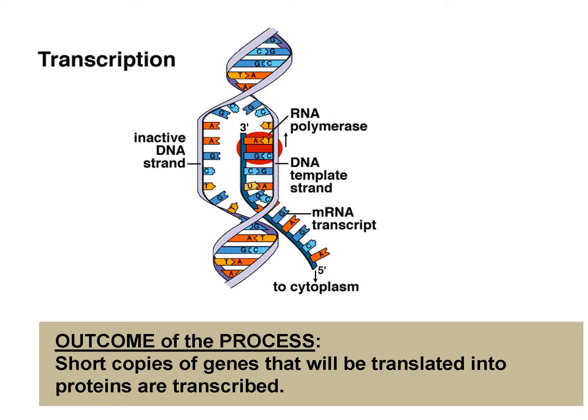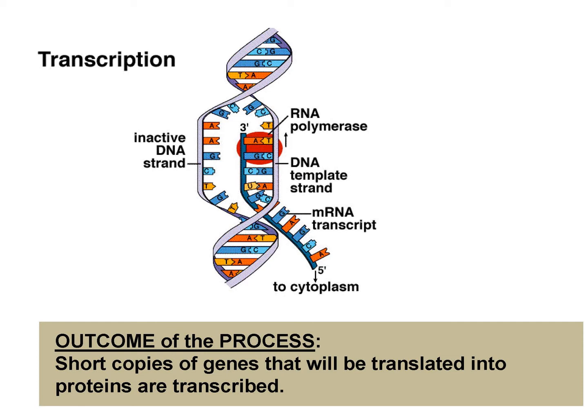This mRNA transcript, in bacteria, is actually in the cytoplasm, but for the eukaryote it is transported from the nucleus into the cytoplasm. So upon the termination of the transcription process, the process is complete.